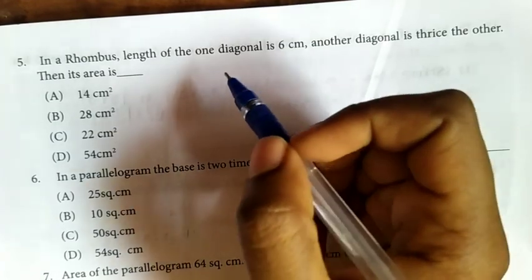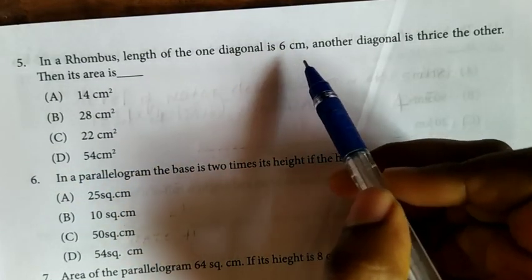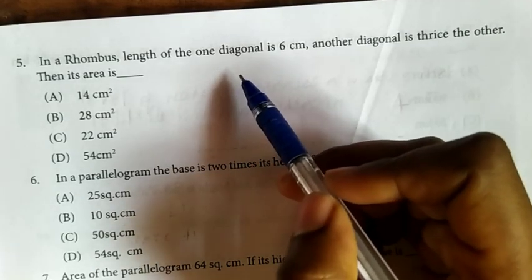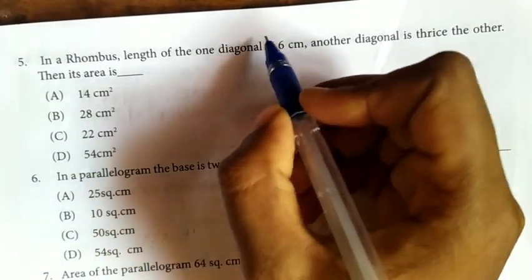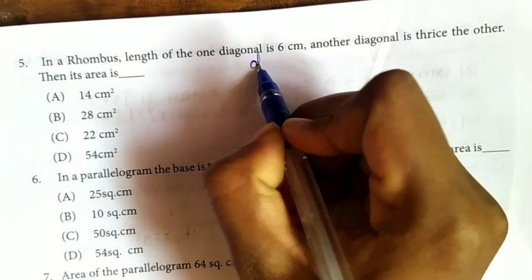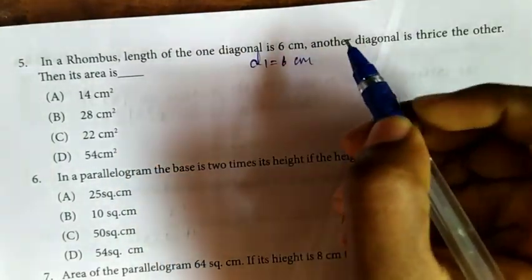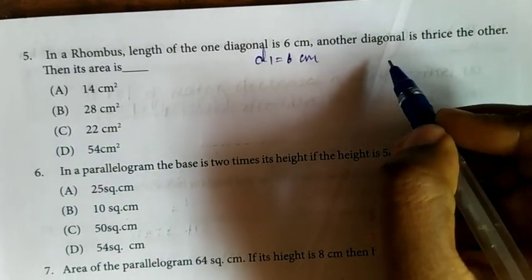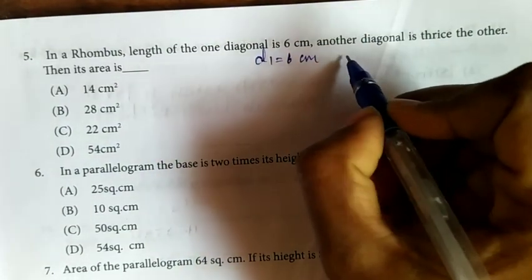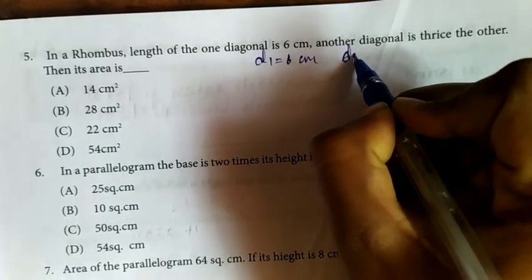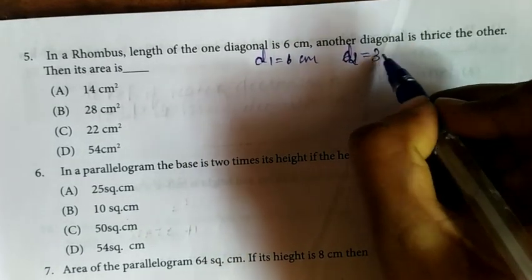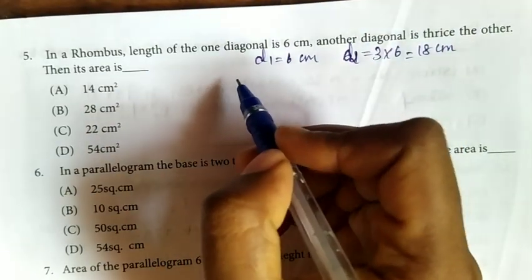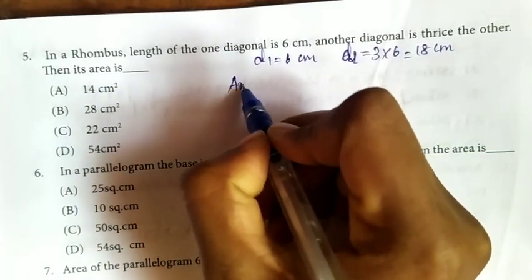Fifth question: in a rhombus, the length of one diagonal is 6 centimeter. Another diagonal is thrice the other. Then its area is. See, write the data given in the question. Diagonal one is 6 centimeter. Then they said another diagonal is thrice the other. So d2 is equal to 3 into 6, we get 18 centimeter. Then we need to find the area of rhombus.